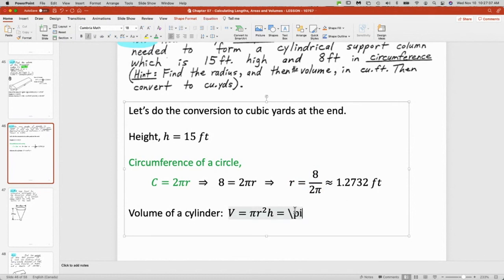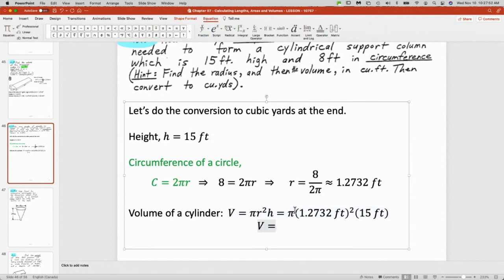Got the volume going on here. So we have the volume equals pi r, whoops, squared times height. So the volume is approximately... Can someone confirm 76?